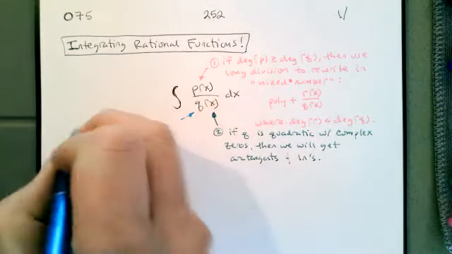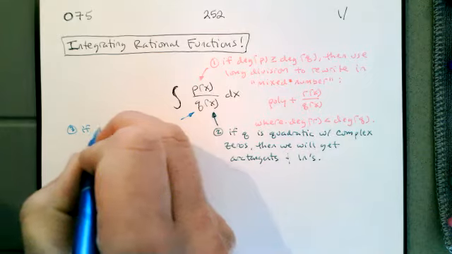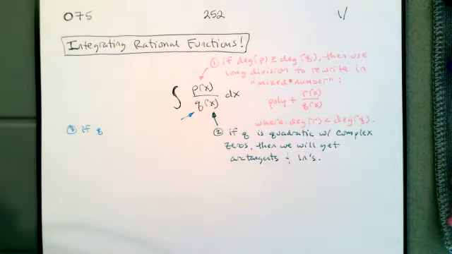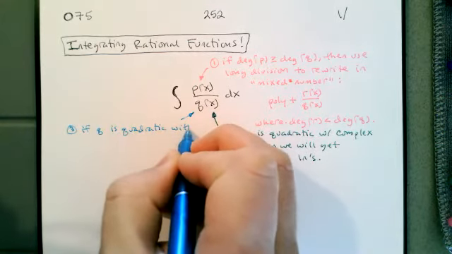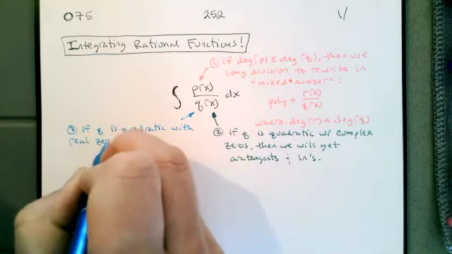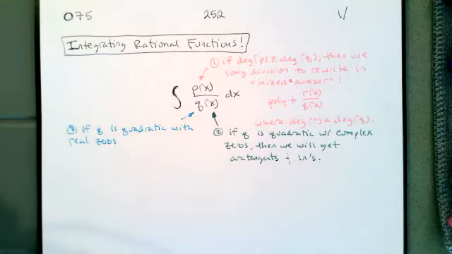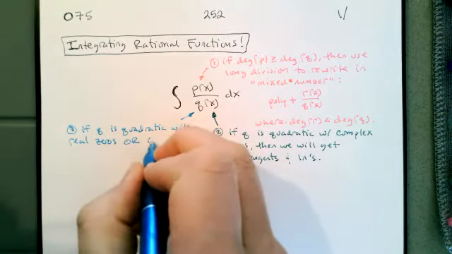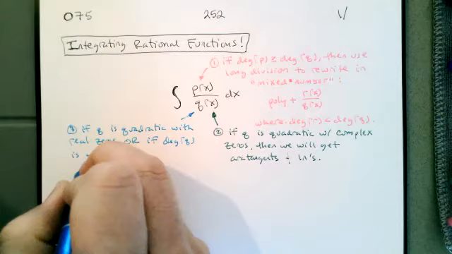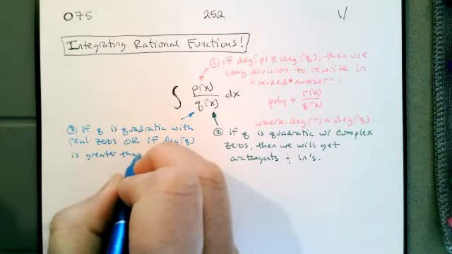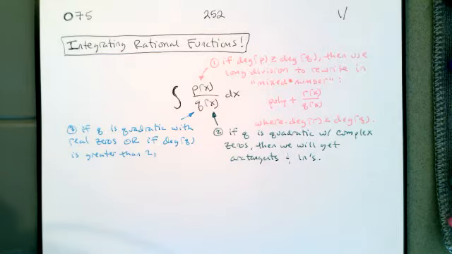The third thing: if q of x is quadratic with real zeros, that is, it's factorable over the real numbers, or if q of x is degree greater than 2, then we use partial fraction decomposition.